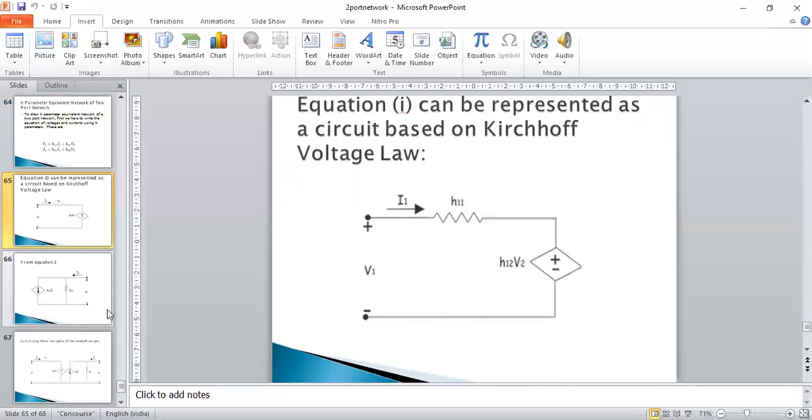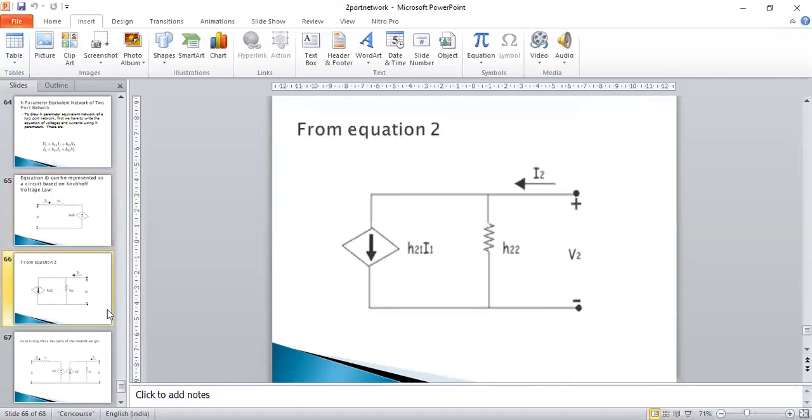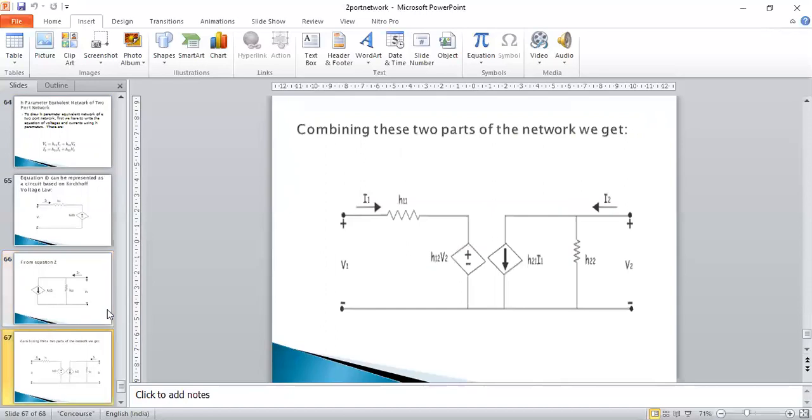Now equation 1 can be represented as a circuit based on Kirchhoff's voltage law, which is written like this. And equation number 2, which is the output side, is represented like this. Once we have combined these two parts, we get the equivalent circuit of the H network. So these are the steps we have applied to solve the H parameters.